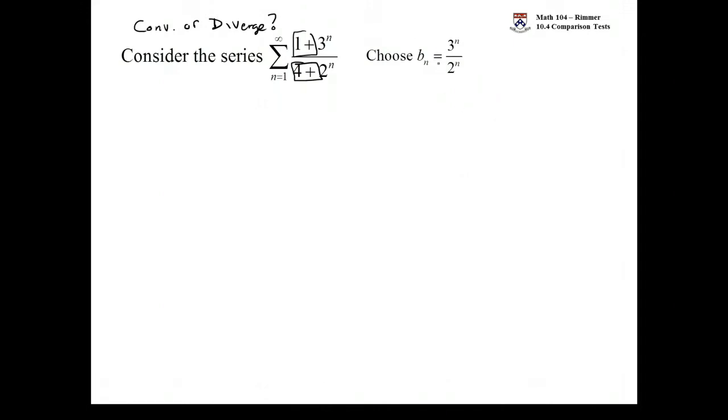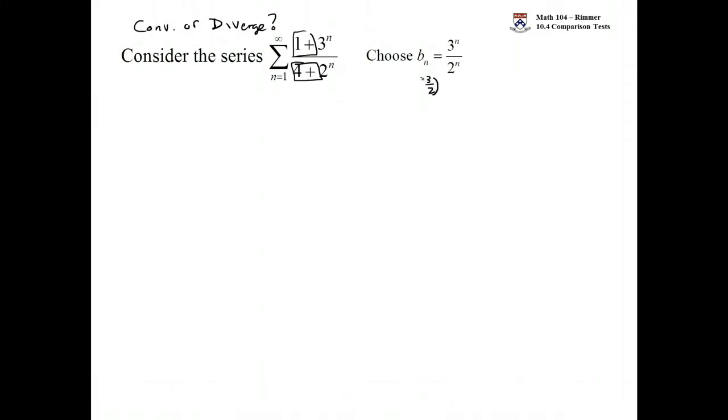Alright, we need to be sure we know what this series does. The series then can be written as 3/2, the entire thing to the n, when you throw that inside the summation. What you have to recognize is that it's geometric. It's some ratio raised to the nth power.